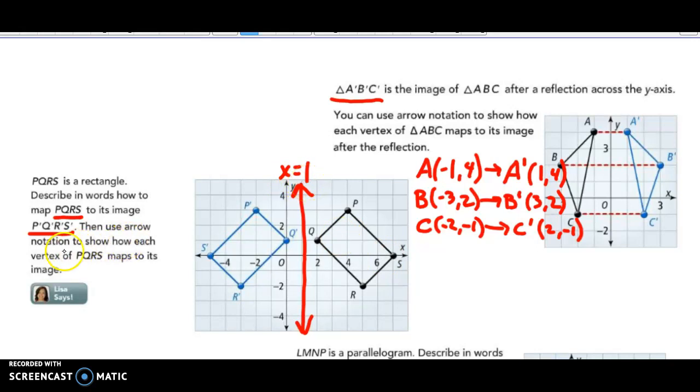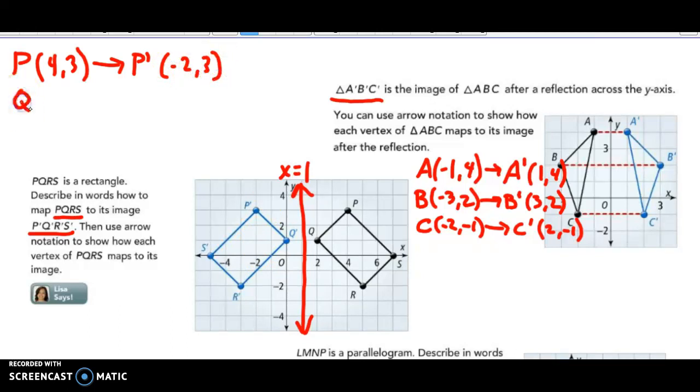And now if I'm going to use arrow notation to show how each vertex maps to its image, I'm going to start with point P and I'm going to label it. So point P, which is at +4, +3, maps to P prime, which is at -2, +3.